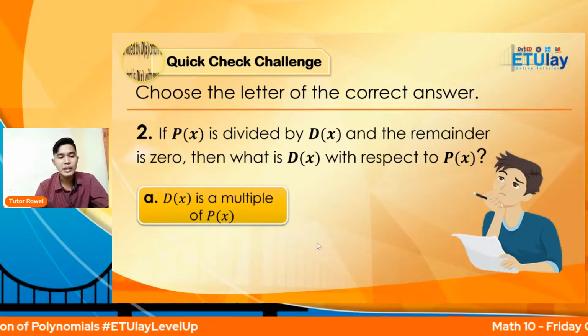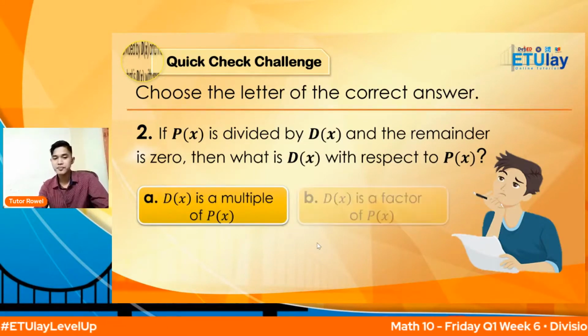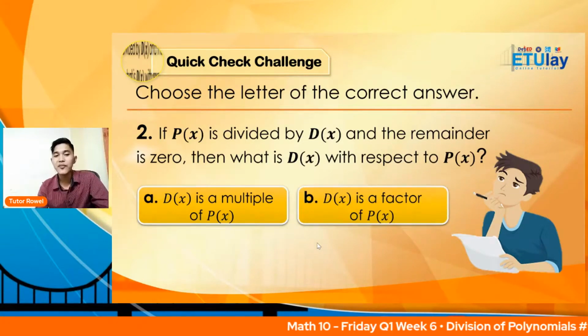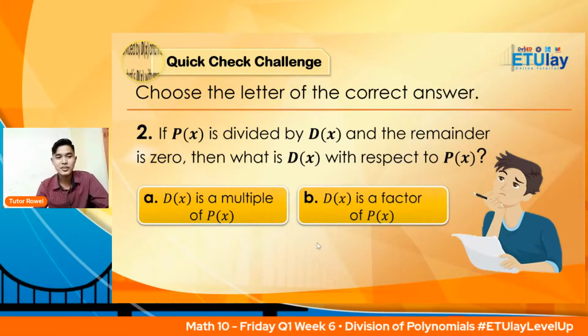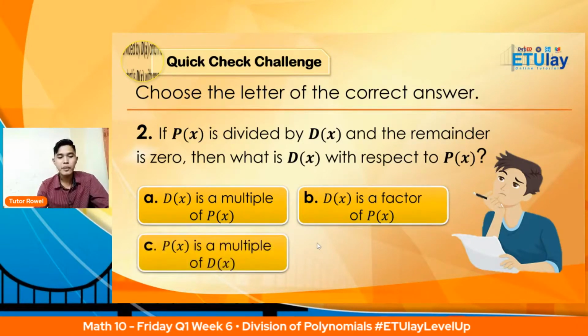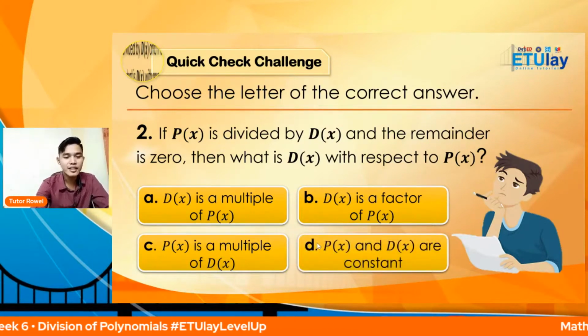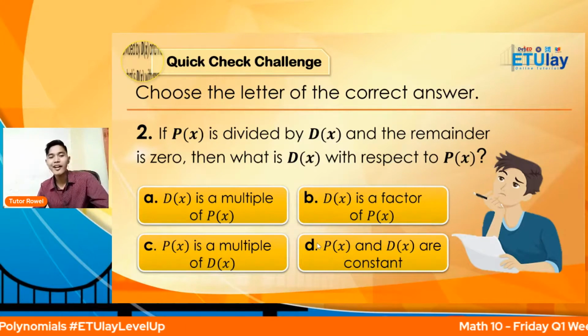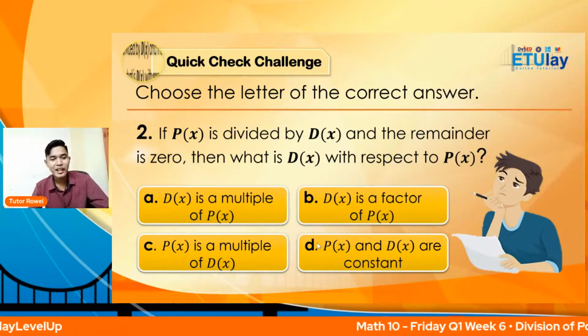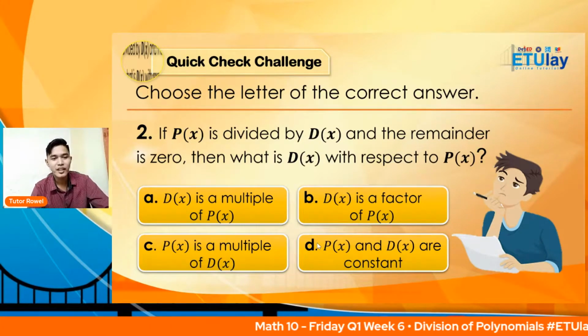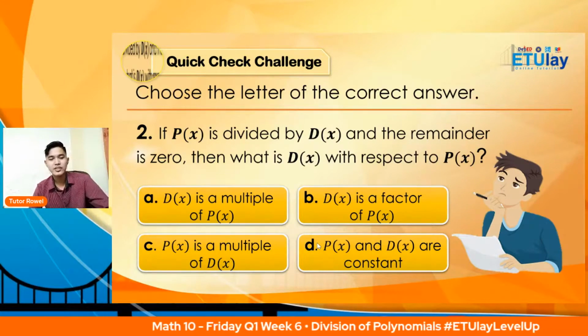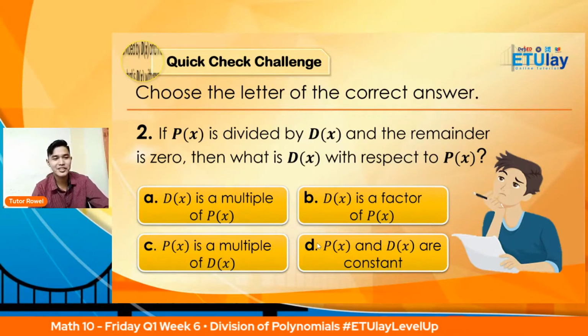Is D of x a multiple of P of x? Or D of x is a factor of P of x? Or P of x is a multiple of D of x? Or P of x and D of x are constant. Again, kapag ang remainder 0, anong tawag kay D of x with respect kay P of x?